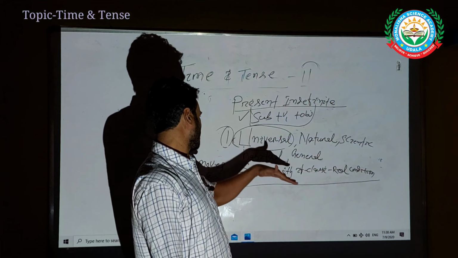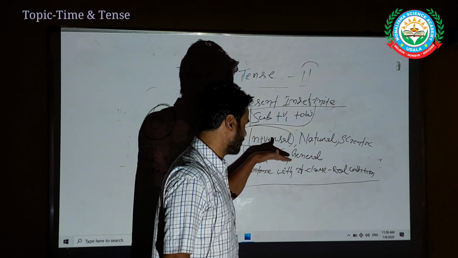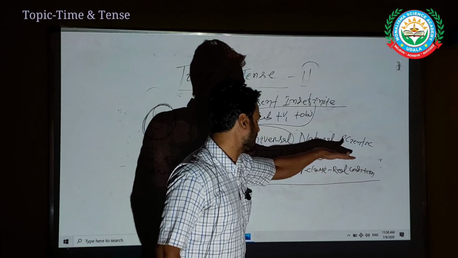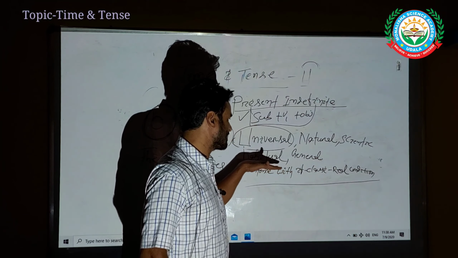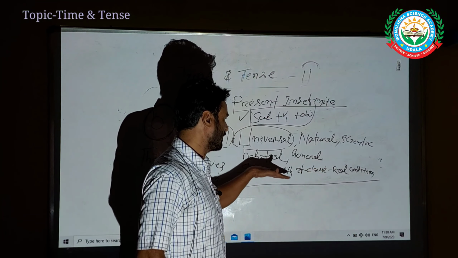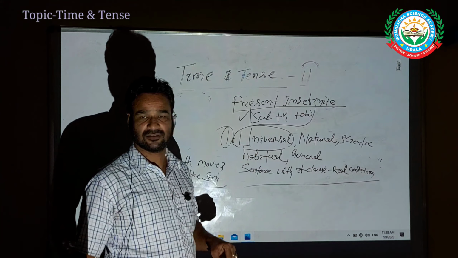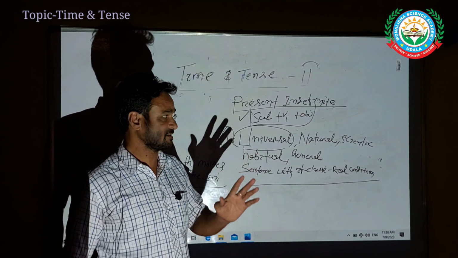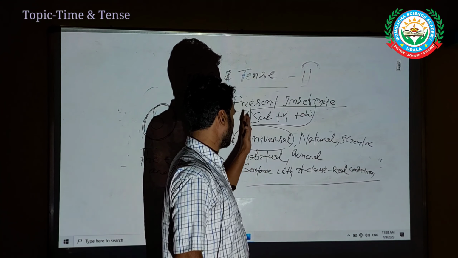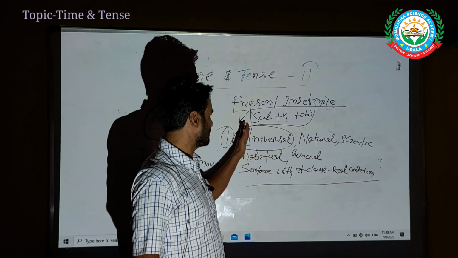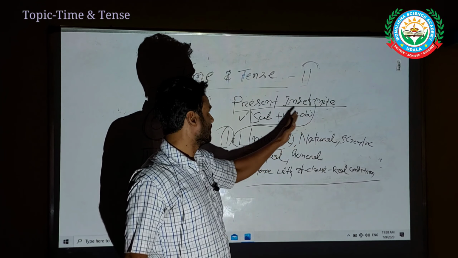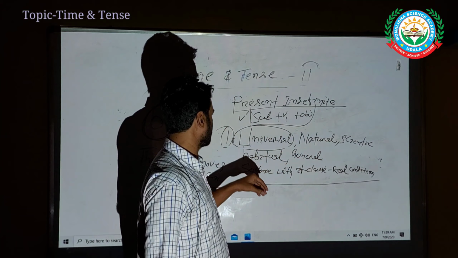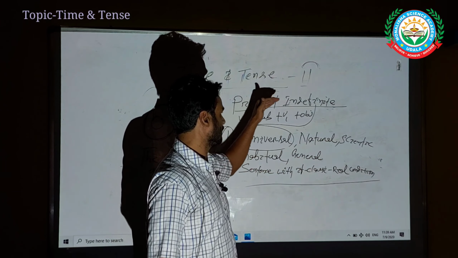So when we are going to express a universal action, a natural action, a scientific action, a habitual action, a general action, and a sentence with if clause, real condition, under these circumstances we should take help of the structure subject plus V1 plus object, and all these things belong to present indefinite tense.